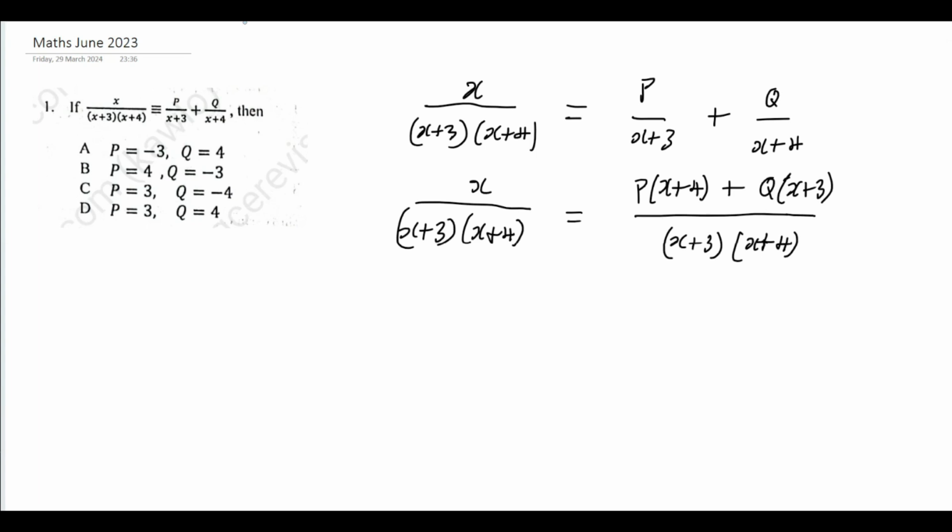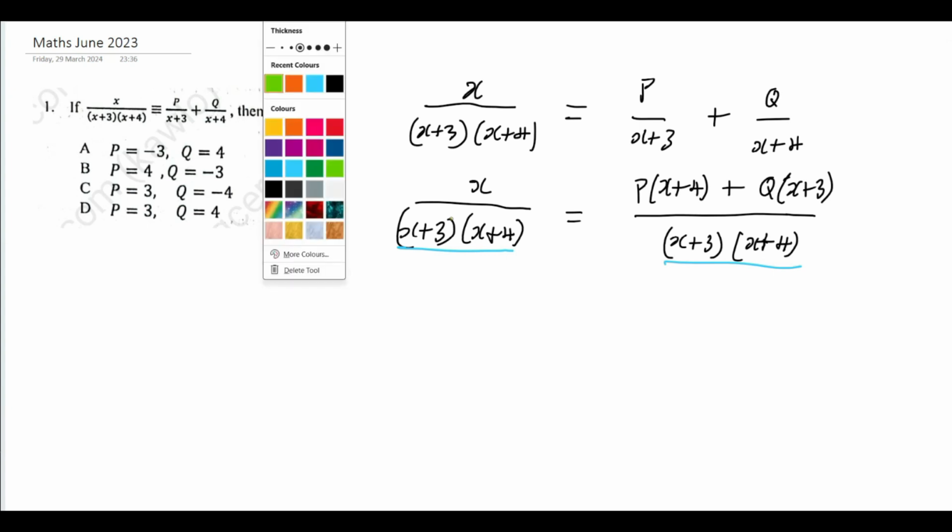We notice that this and this are all equal, and according to the equivalence of fractions, if two fractions are equivalent, if we notice this is the equivalent sign, then the numerator should be equal to the numerator and the denominator should be equal as well.